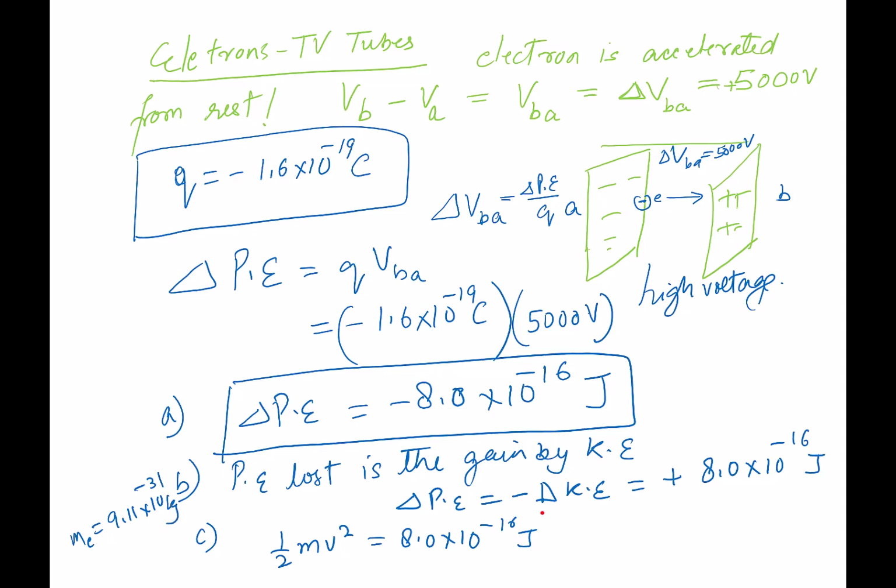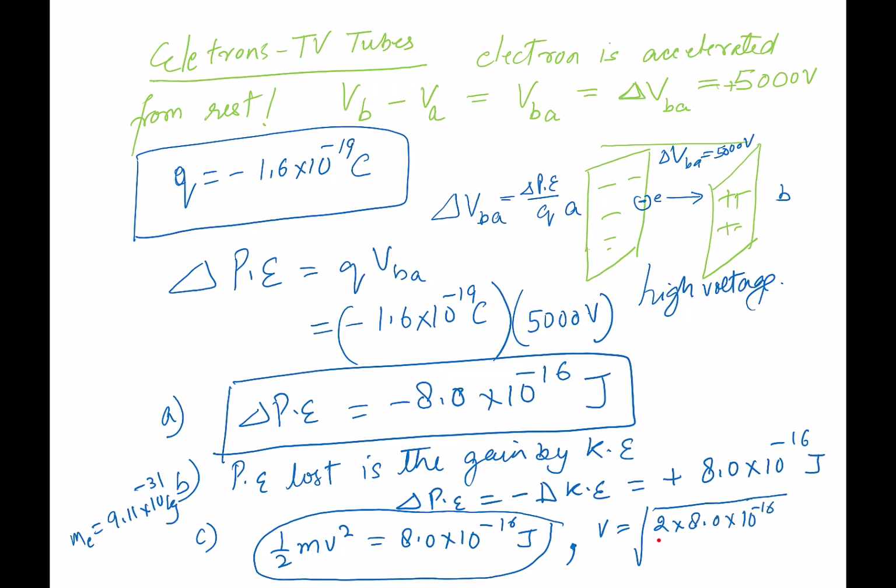You can go ahead and find out the speed of the electrons by rearranging the terms here, where after rearranging, you'll have v equivalent to the square root of 2 times 8.0 times 10 to the power of minus 16 joules, whole divided by m, and instead of m, we can write 9.11 times 10 to the power of minus 31.